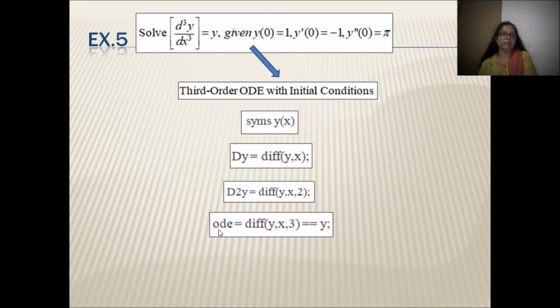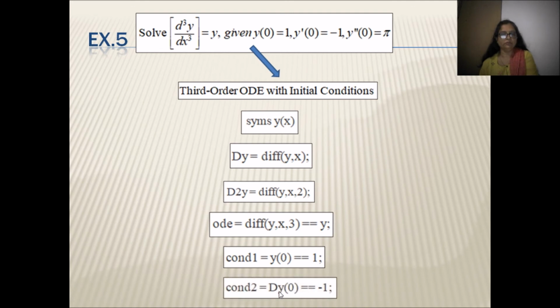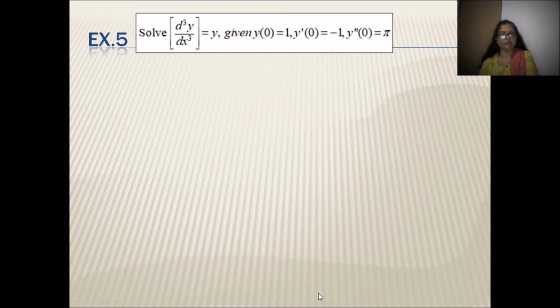Now we express the ordinary differential equation. Here left hand side of this equation is d cube y by dx cube, that means third derivative of y with respect to x. Therefore diff of y comma x comma 3 double equal y. Then condition 1, y of 0 double equal 1. Condition 2, dy of 0 double equal minus 1.